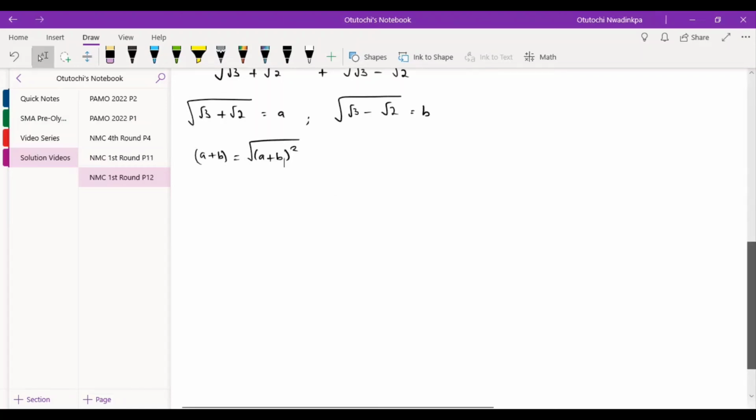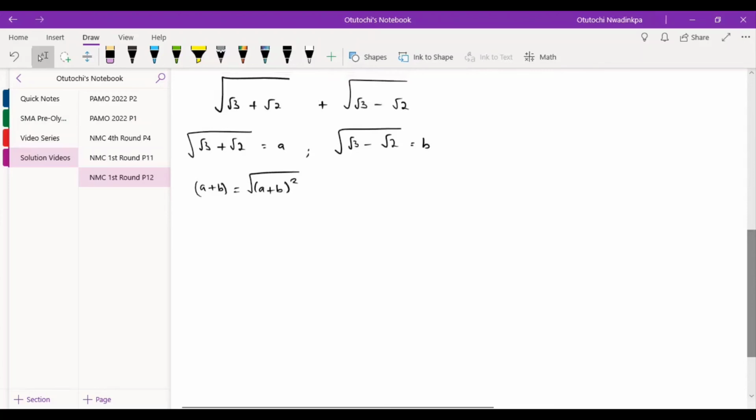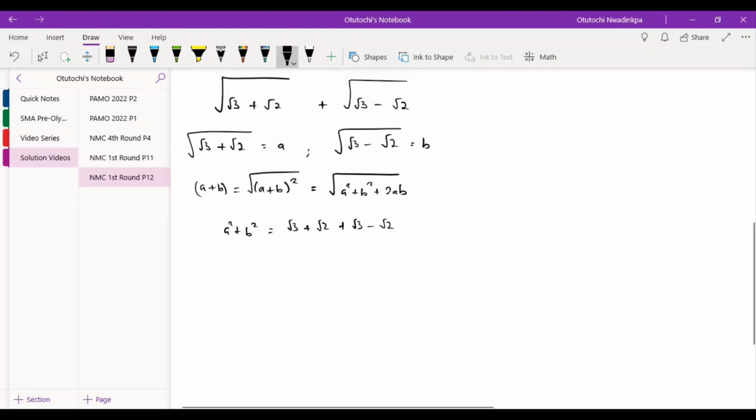Now, why I said this is much simpler than how it was before, is because in this form, root a plus root b squared is easier to find, because this is going to be equal to the root of a plus b plus 2 root ab. Now we know that a plus b is going to be equal to root 3 plus root 2 plus root 3 minus root 2, which is equal to 2 root 3, right?